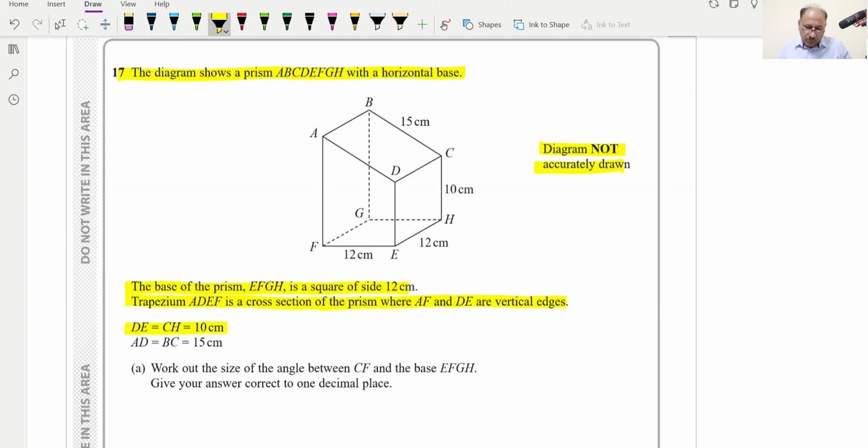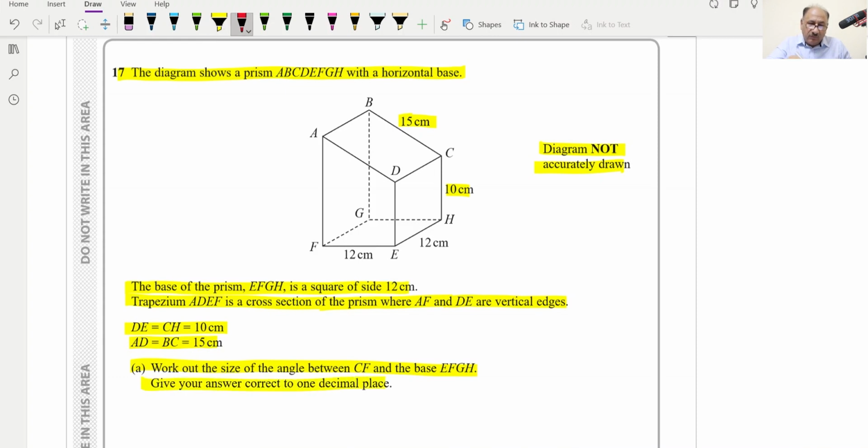DE is equal to CH, which is equal to 10. So this is 10. AD and BC are 15. So this is 15. Work out the size of the angle between CF and the base. Give your answer correct to one decimal place.